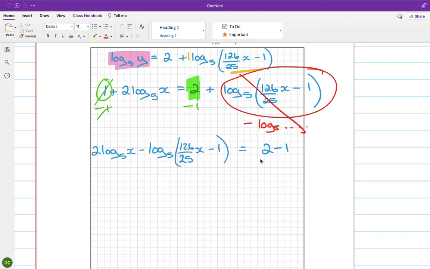Okay, so I don't have the 2 out in front. I think if we bring this here and make it a square, so apply, I can't remember what law that is, but log to the base 5 of x squared minus log to the base 5 of 126 over 25x minus 1 equals 2. Oh no, sorry, equals 1. Yeah? So just check the laws again.